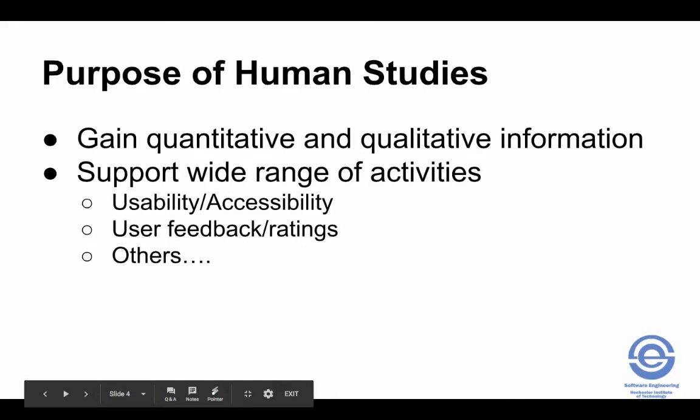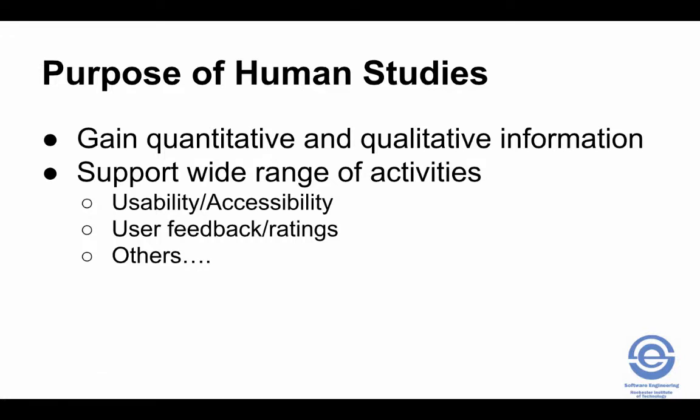So doing human studies have a variety of different purposes and different benefits. And one of the biggest benefits, I think, is that you gain quantitative and qualitative information. So when I say quantitative data, that's where you get a quantity of data. So in other words, it's saying 80 out of 100 people like chocolate ice cream as opposed to strawberry ice cream.